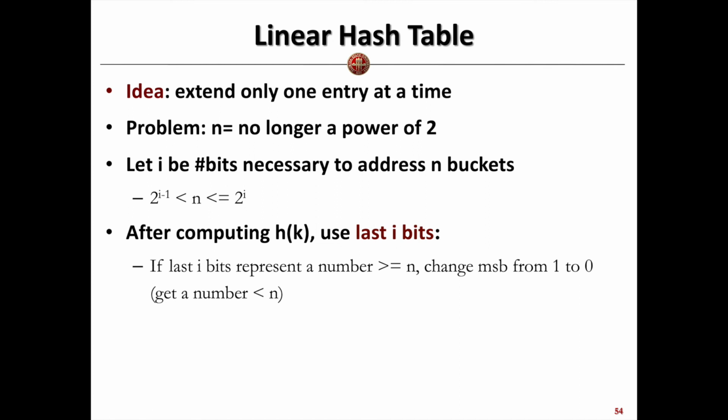Also, if the last i bits represent a number which is no smaller than n, in other words, it exceeds the current bucket numbers, we change the most significant bit from 1 to 0. And if we change this, we need to guarantee this number is smaller than n. So this is the linear hash table. I can provide you with some concrete examples to help you understand what we mentioned here for defining linear hash tables.